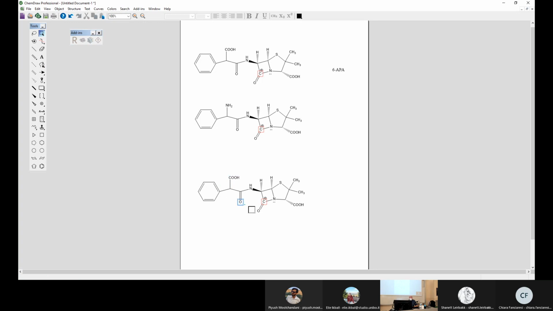So the molecule can lose this important substituent, and so we have again benzylpenicillin.